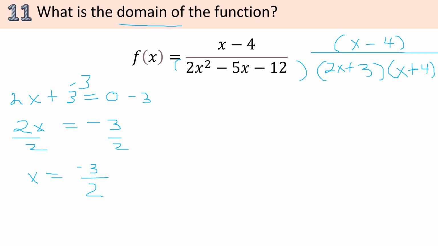We're going to do the same thing for this one. This one's going to be a lot easier. X plus 4 equals 0. Subtract 4 from both sides. X equals negative 4.